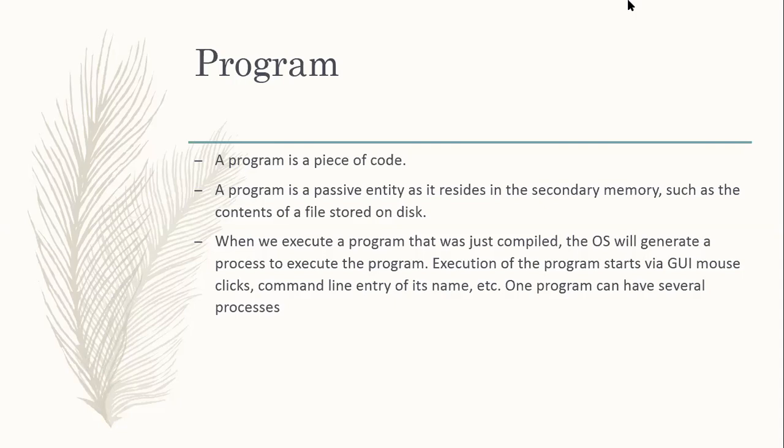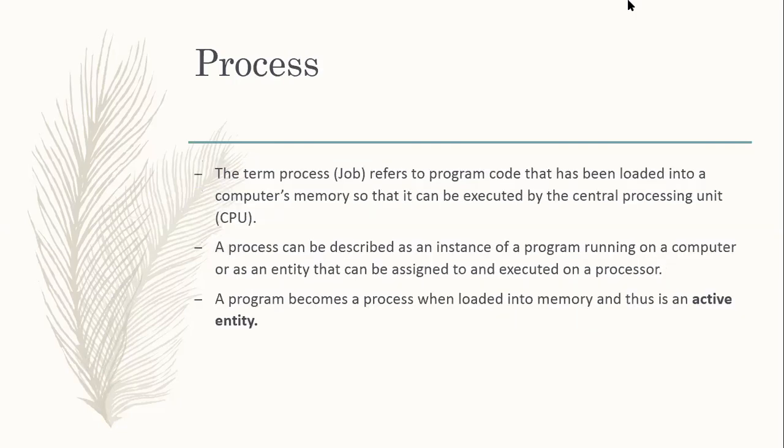Suppose there is one program. Generally, what we do is first compile it and then run it. Once we run that program, it becomes a process. So what is actually a process? A program in execution is known as a process.